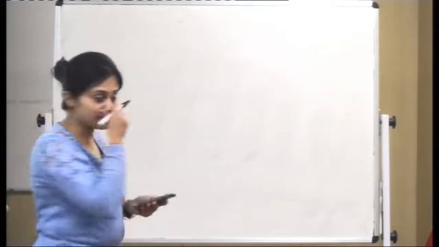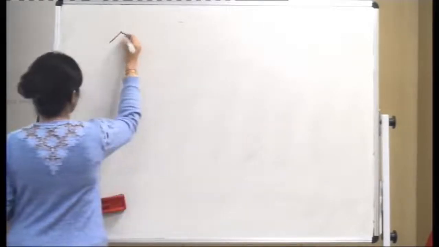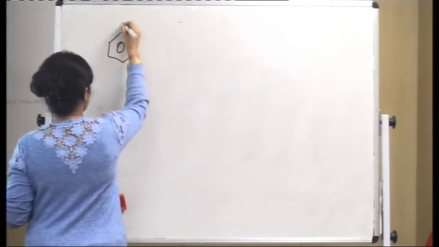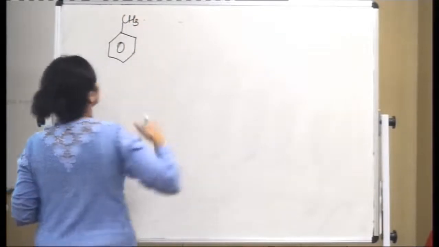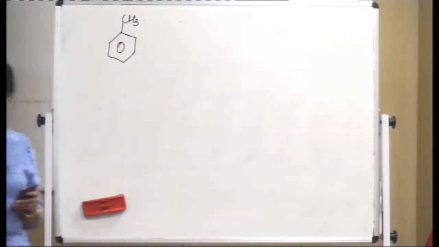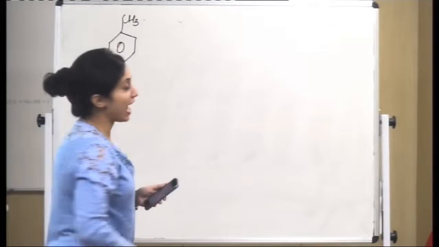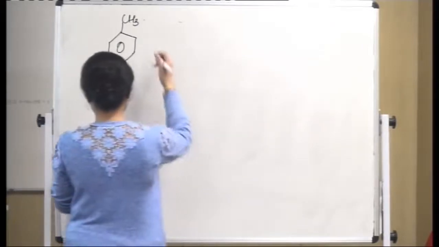Let's talk first, for example, about the preparation of alkyl halide. Toluene is a hydrocarbon. So we have CH3 on benzene.